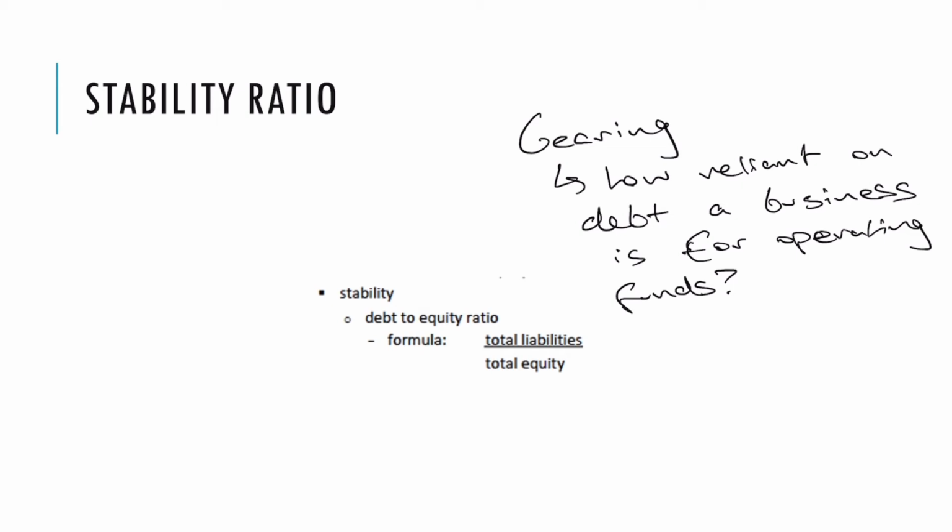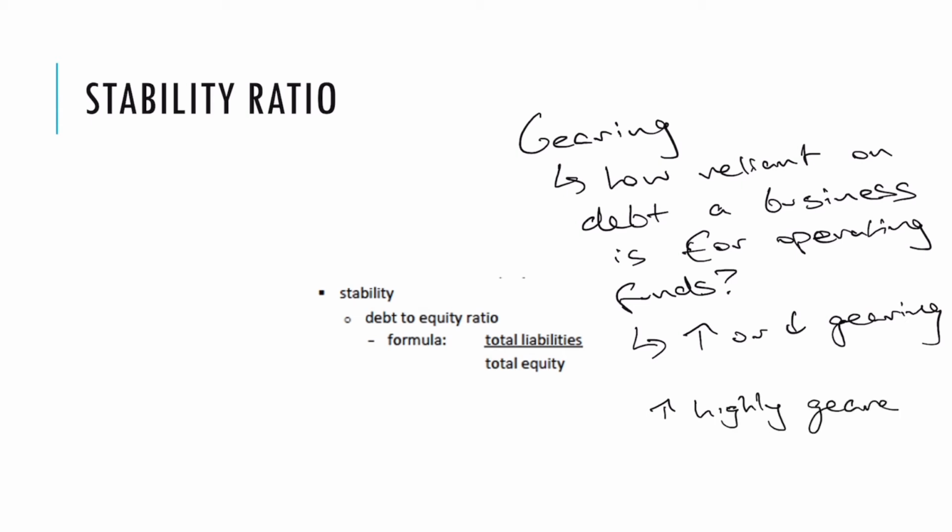Now, this ratio really indicates whether a company has high or low gearing. A business that is highly geared, we usually say that this ratio is going to be greater than 0.5.